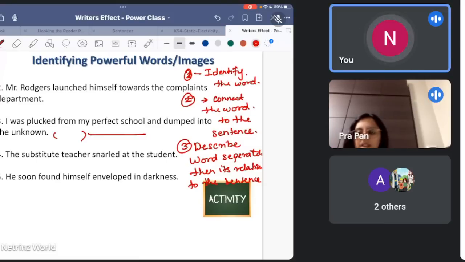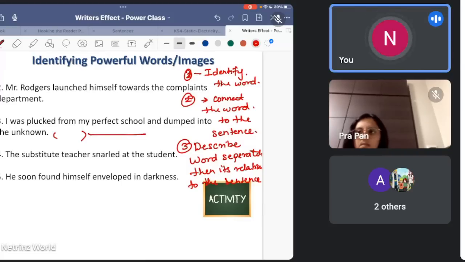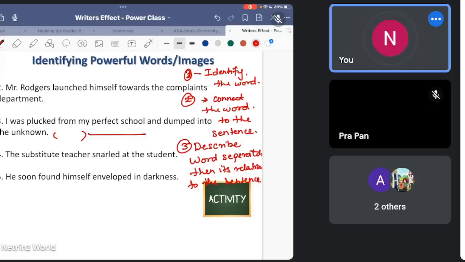No, this is not how you should do it. If I'm yelling at you, snarl means a very bad, nasty sound. Go get your work done. Like very loudly, I'm saying something to you. I'm snarling at you. Something which is not very pleasant to hear, the way it is said.